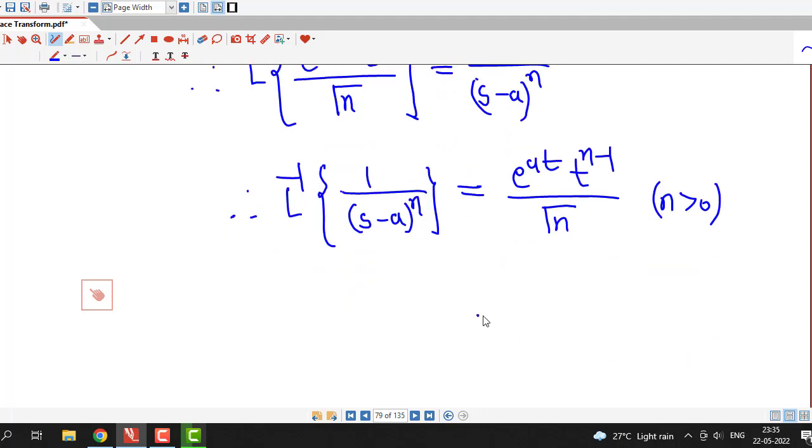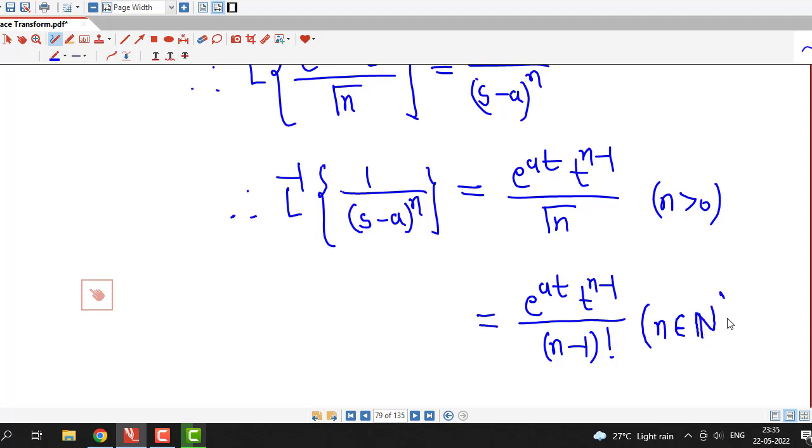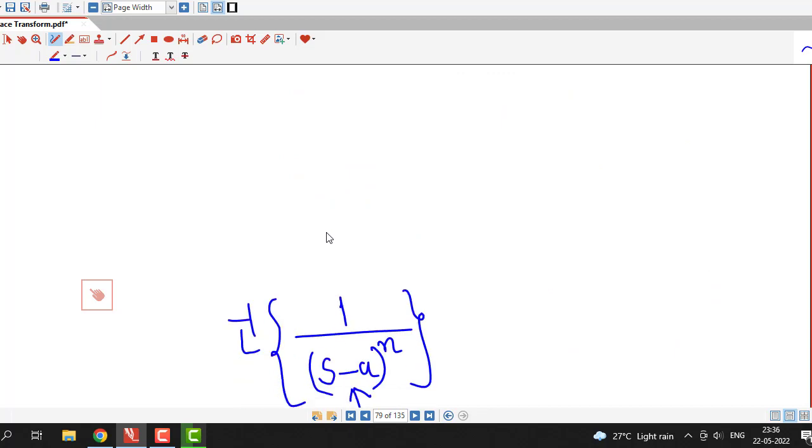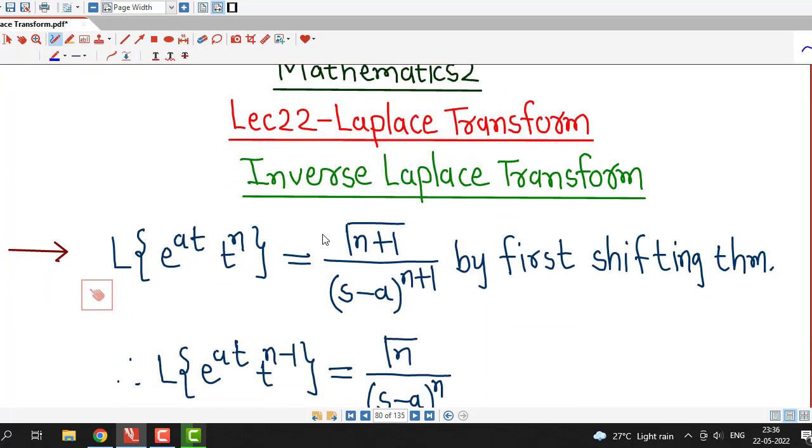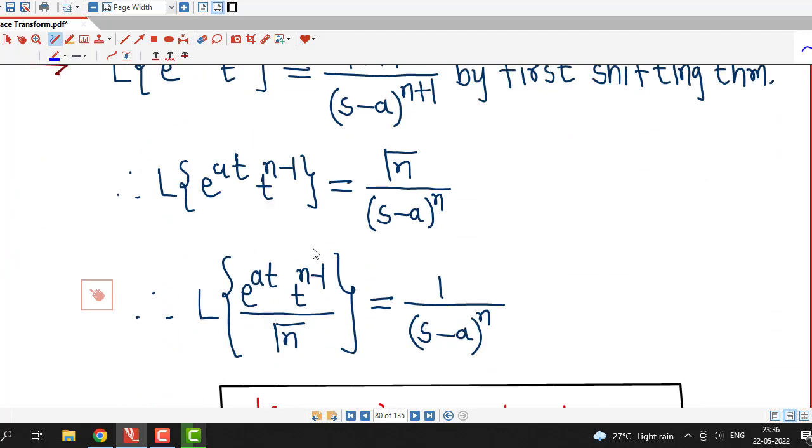And if n is a natural number, then we know that gamma n can be written as n minus 1 factorial if n is a positive integer or natural number. So we will remember this formula, and whenever we have this type of function, 1 over s minus a raised to something, we will use this formula.